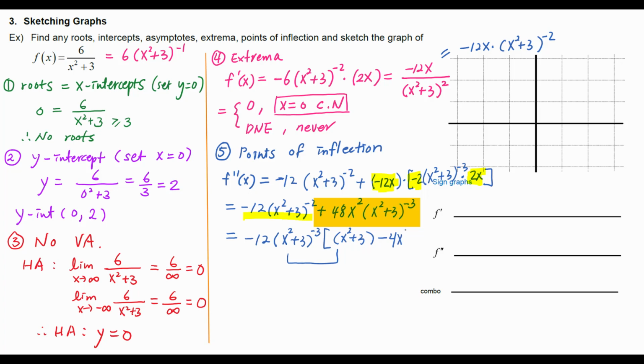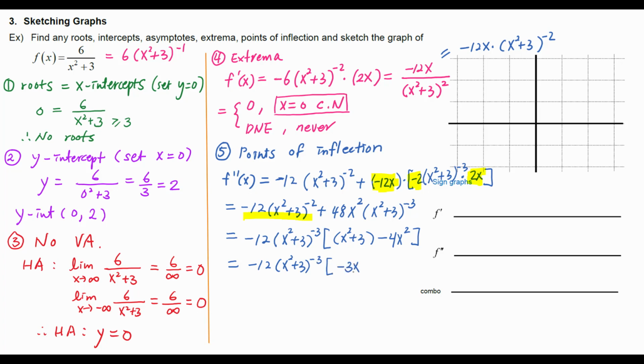You still have an x squared, and then the whole quantity x squared plus 3 to the negative third power is out in the front. So that's it for the second term. But then you notice inside of the bracket, I have an x squared minus 4x squared, so we can simplify more. So this is equal to negative 12 times x squared plus 3 to the negative third power.